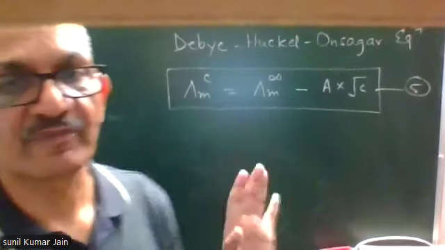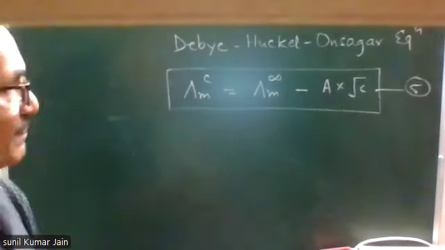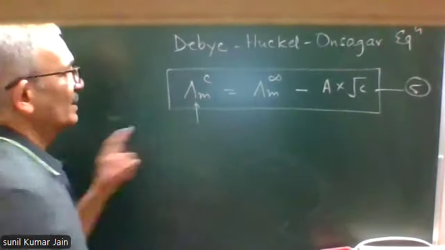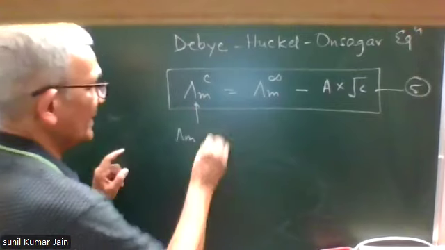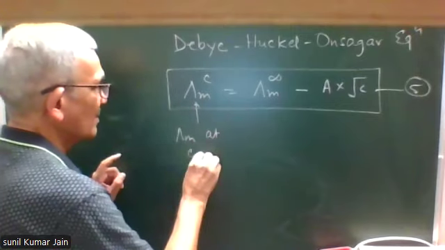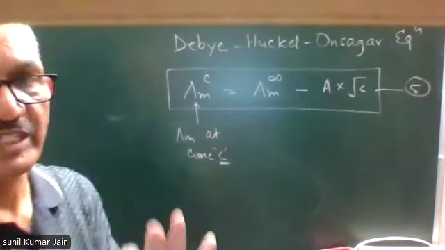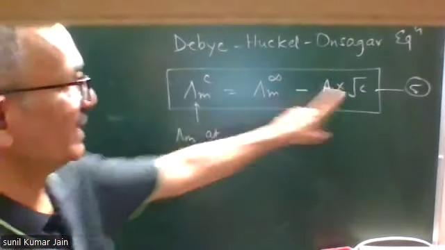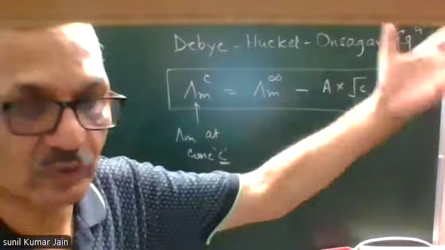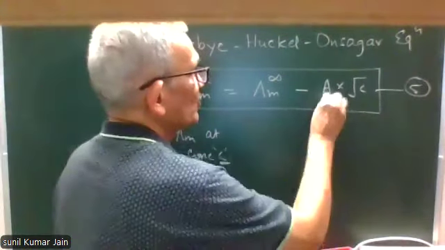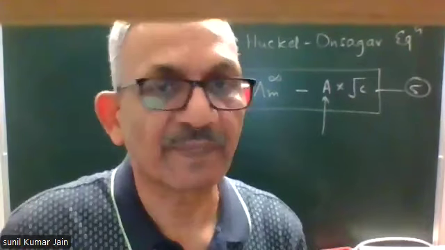Label it equation number 5, although there's no numerical based on this topic. This is molar conductivity at concentration C. So C stands for concentration. Lambda m infinity, I already told you. Coming to A, you'll have to write a couple of sentences.